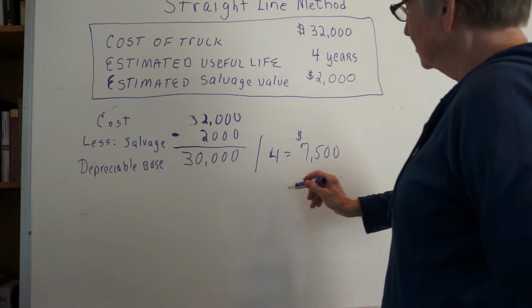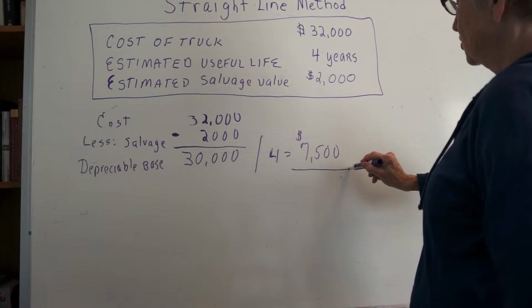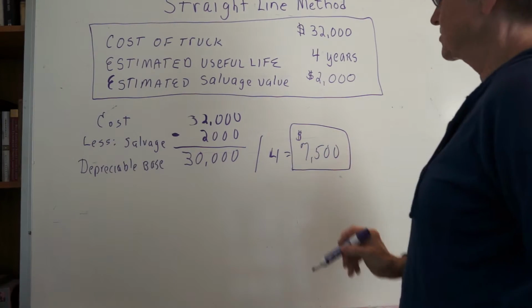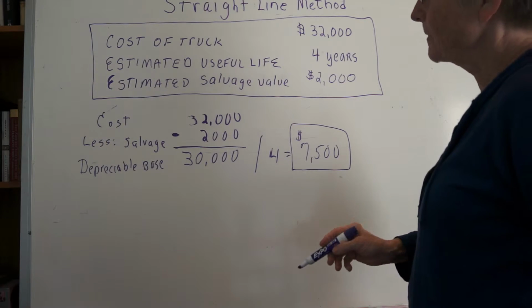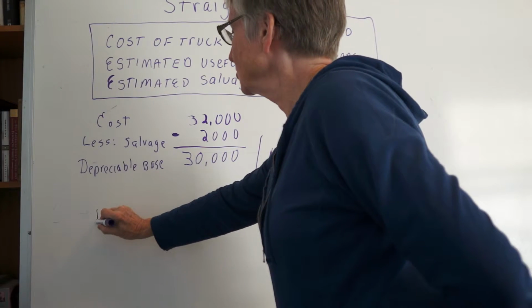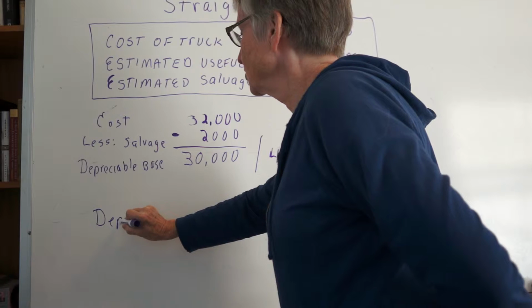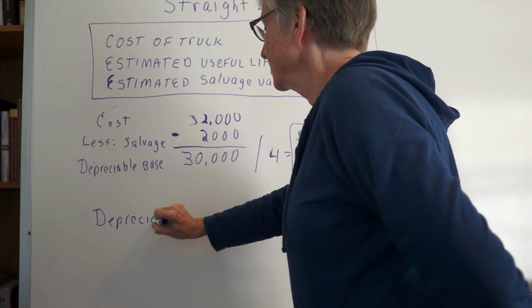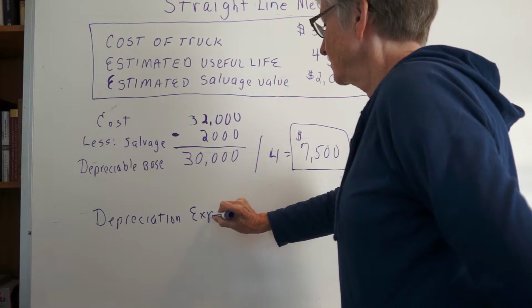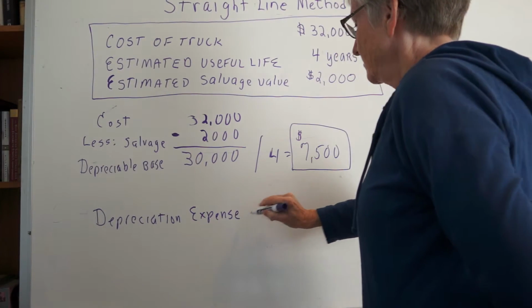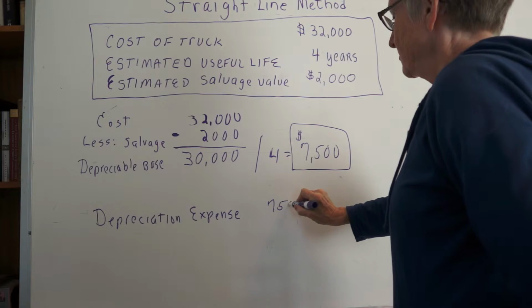So we have this truck that's going to supposedly last us the 4 years. So each year we're going to take a depreciation expense of $7,500, and that allocates the cost over its useful life. Journal entry to do that each year with straight line would be depreciation expense, which goes on the income statement, and that would be the debit of $7,500.